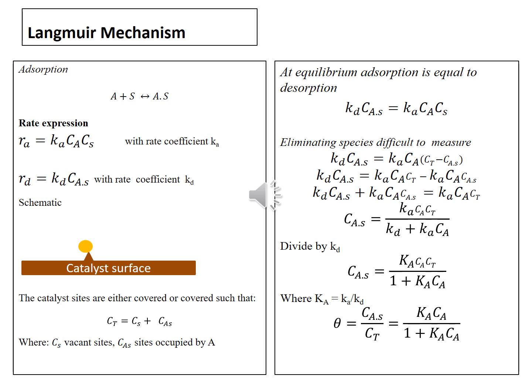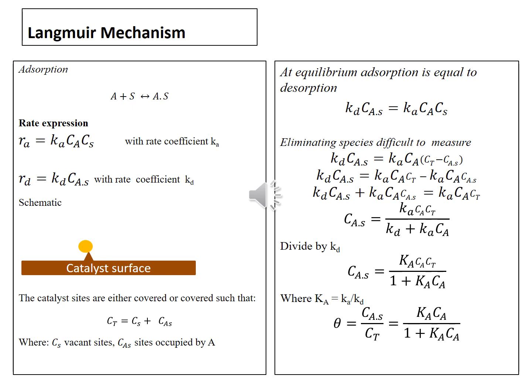Based on the assumption that the rate equations follow stoichiometric order or mass action law, the adsorption rate will be given by Ka times CA times CS, where Ka is the rate constant for adsorption of A. The other equation will be the desorption of A, which will be represented by Kd times CA·S, where Kd represents the rate constant for desorption. And the schematic below shows us how this adsorption takes place.